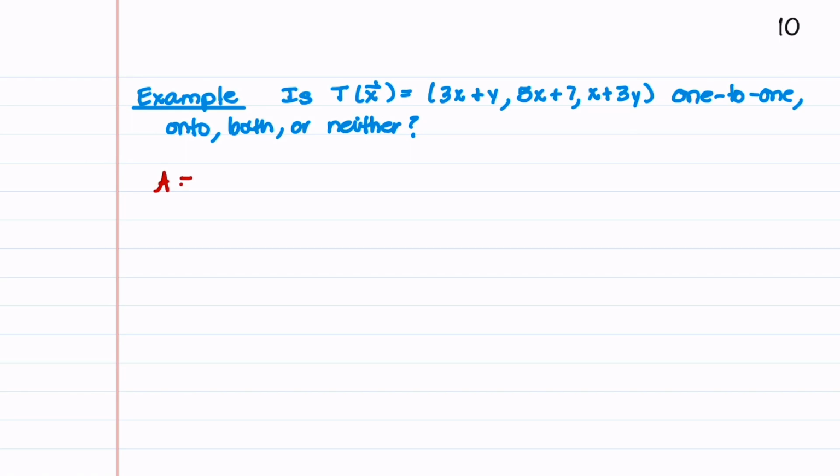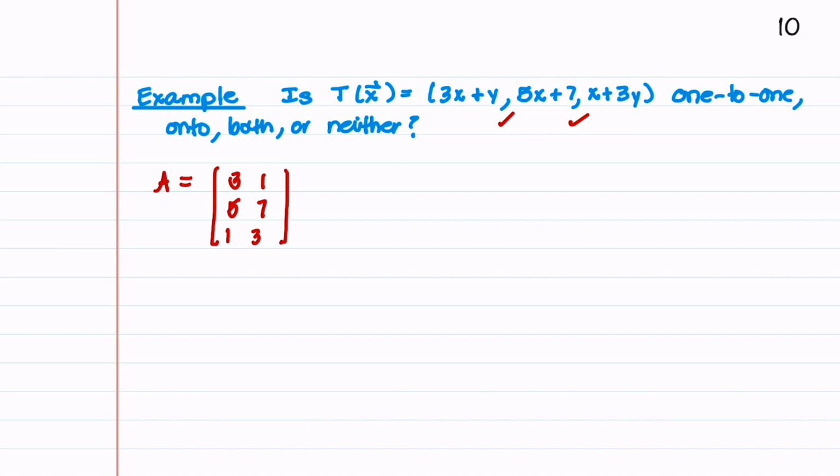So A is going to equal 3, 1, 5, 7, 1, 3. I always tell students that when you see a comma in a transformation written like this, that indicates that you're going to a new row. And we need to look to see if every column has a pivot or if every row has a pivot.